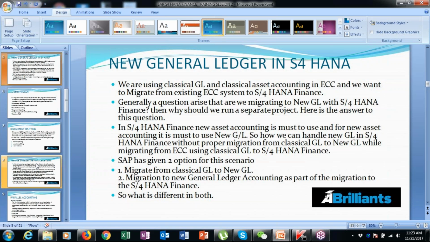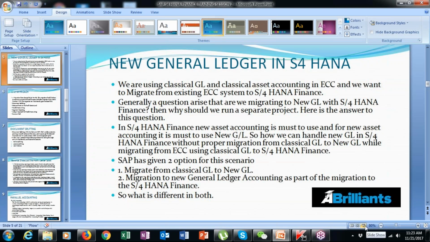So we are using classical GL and classical GL asset accounting in ECC, and we want to migrate from the existing ECC system to the HANA system. Generally, what to do? That's the question.